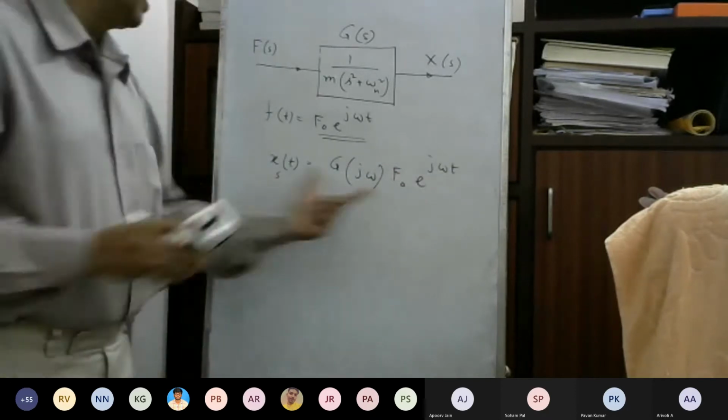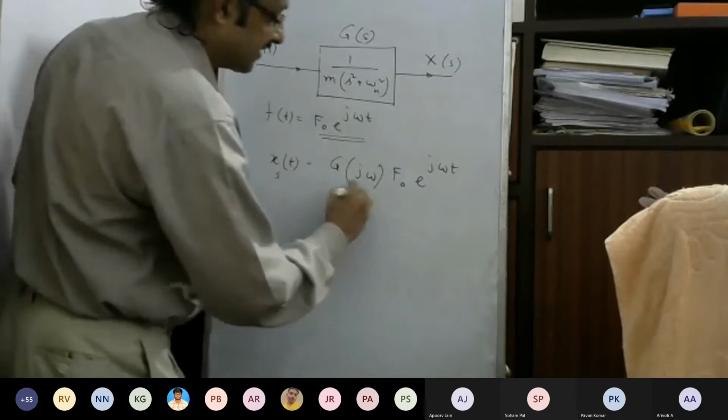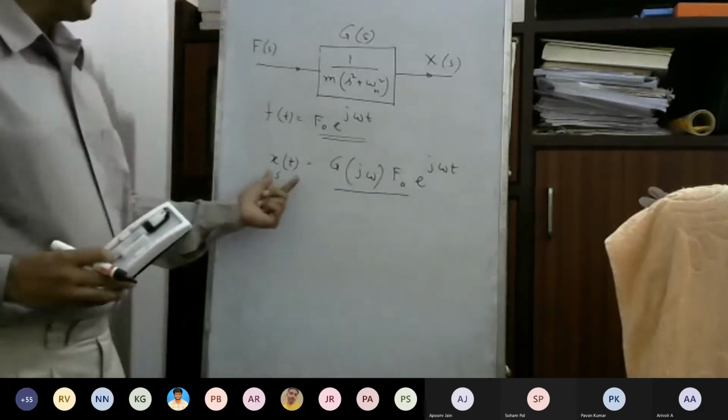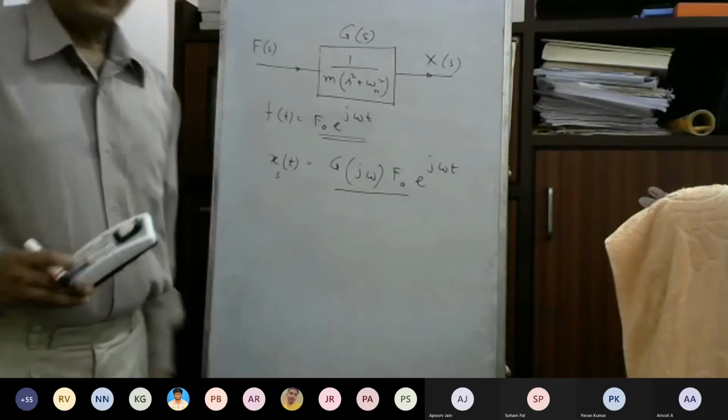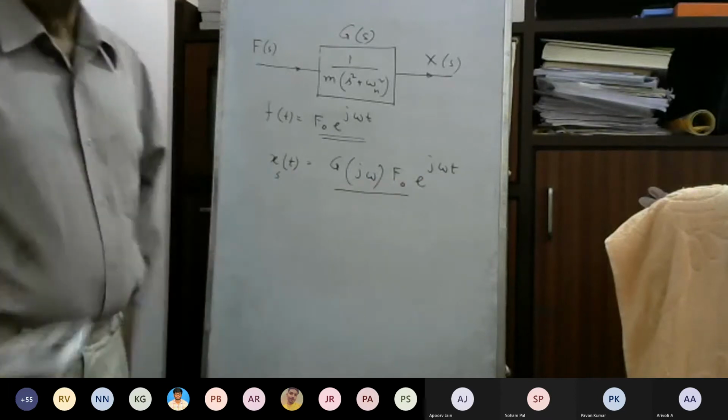So if you know that G is a transfer function, the steady state response will be equal to G j omega f naught e to the power j omega t.